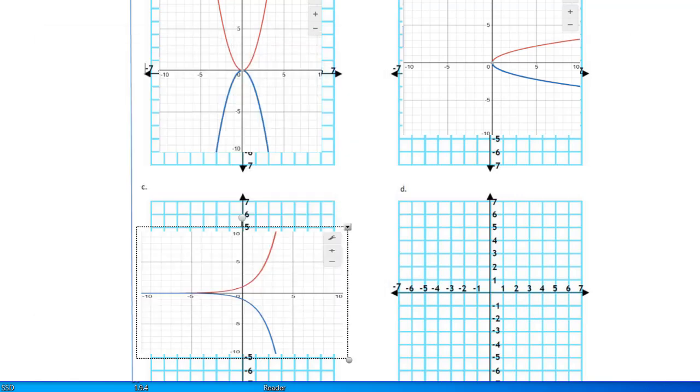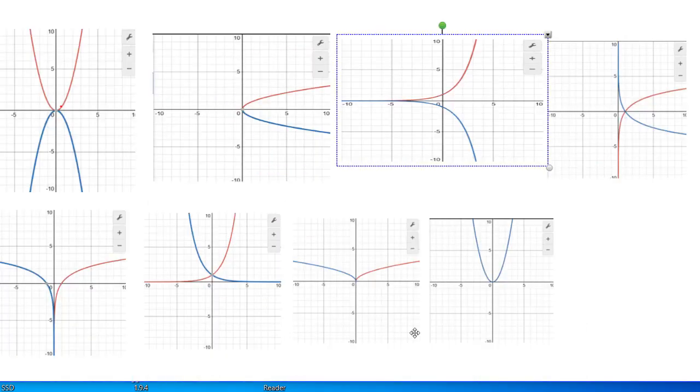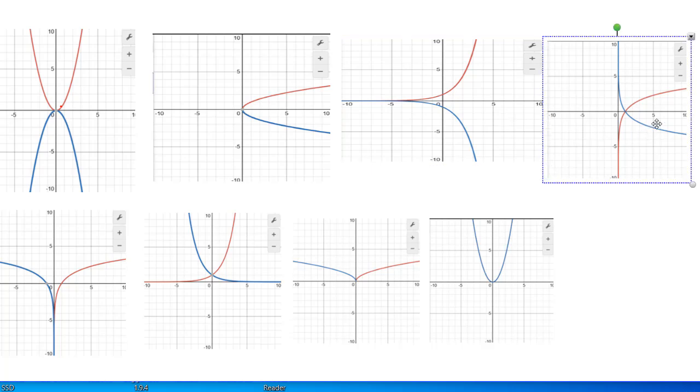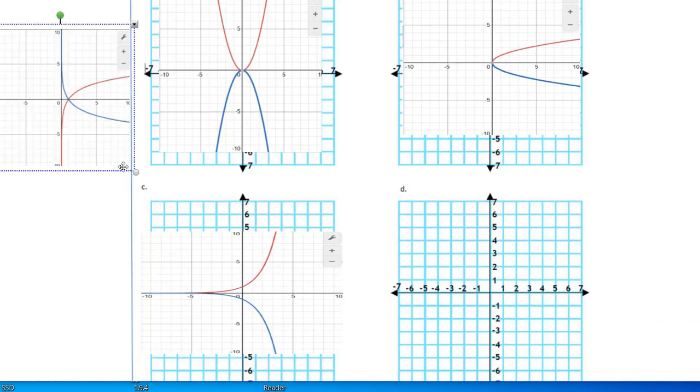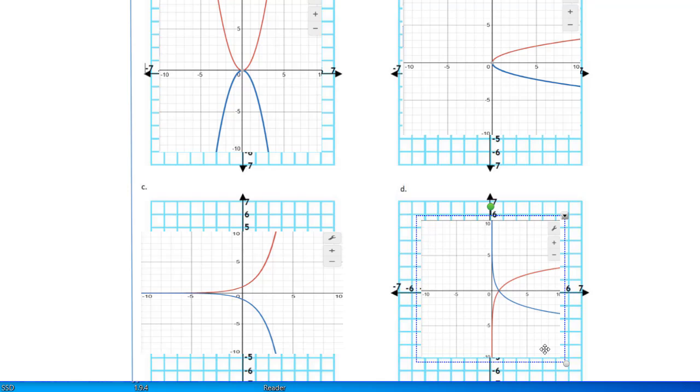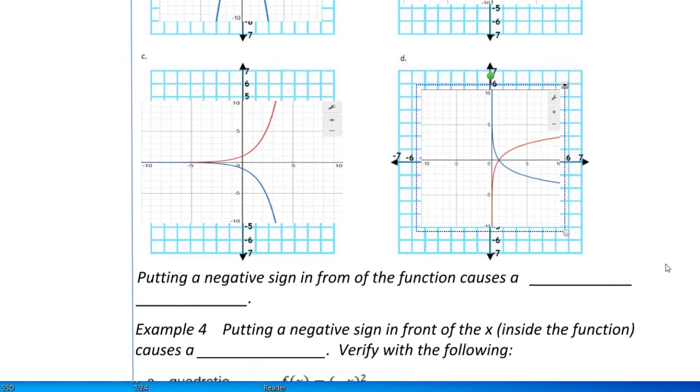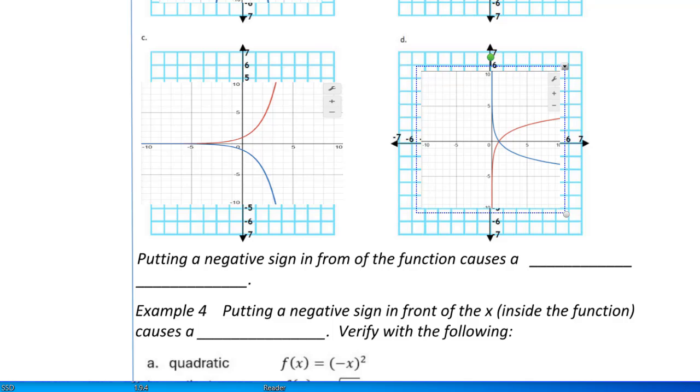Bring over my little graph and paste it in. All right, very good. So putting a negative sign in front of the x inside the function causes a reflection in the x-axis.